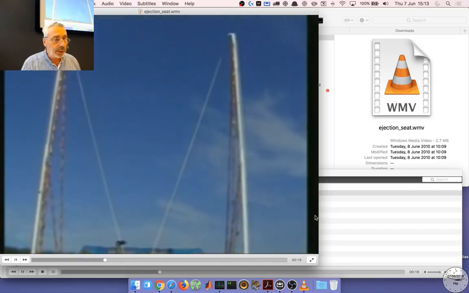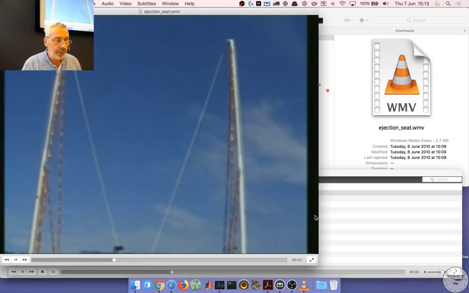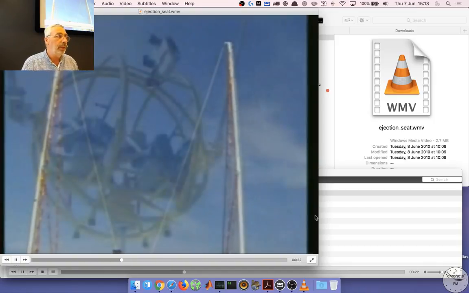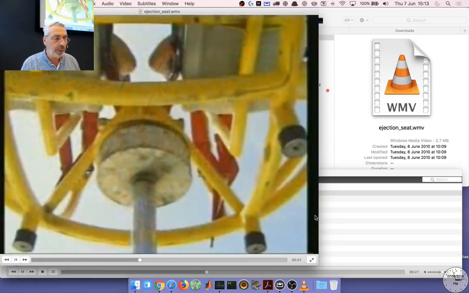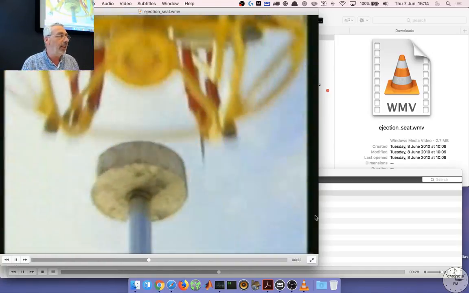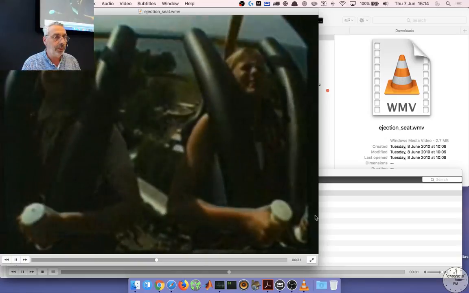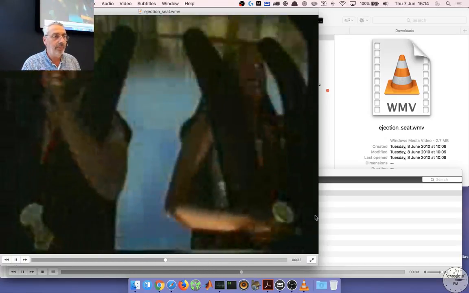So this is an attraction at the fair, or fair attraction. You have to pay money to experience this. You are in a cage, and there are 2 bungee cords left and right, and a magnet is holding you down, but then the magnet releases you, and this is what is happening.